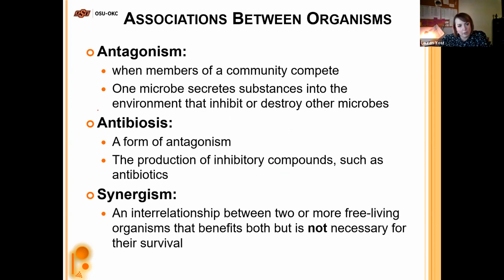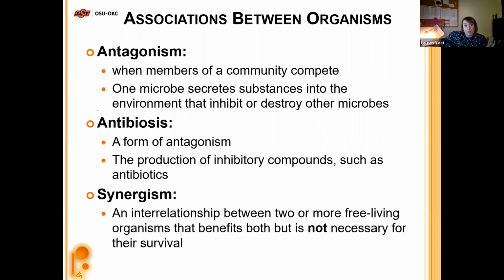Antagonism: when members of the community compete, one microbe secretes substances into an environment that inhibit or destroy other microbes. This would be the case a lot with our gut. If we ate some sort of food that had bacteria in it and it made it that far, there are microbes in our gut that can produce toxins that are fine for us but toxic for incoming invaders.